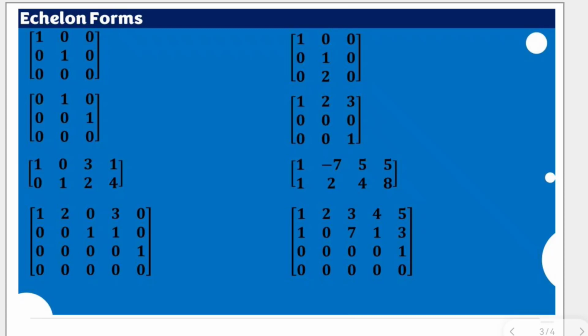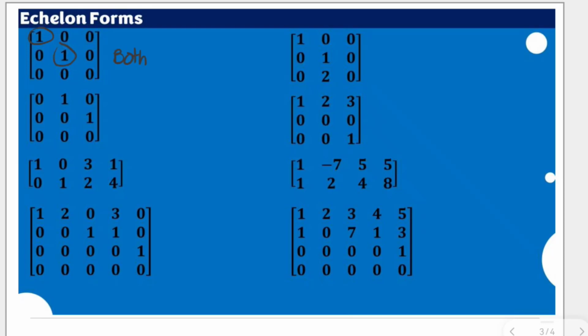Let's have the first example here. We have a 3x3 matrix with these entries here. We have one row, the last row, being a row of 0s. This is an example of both. Here are the criteria. First, we have leading ones.